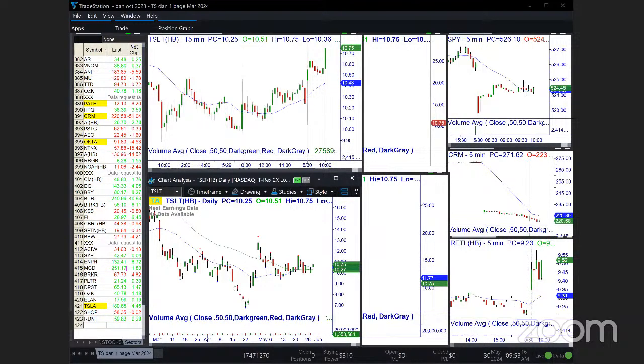Yeah, I like 2x better. Oh shoot, I did the 3x one. TSLT is 2x. All right, yeah, 2 is enough. I don't need to get them all cranked up.